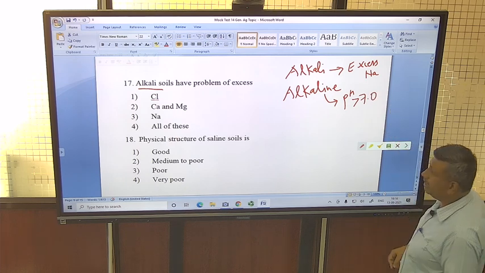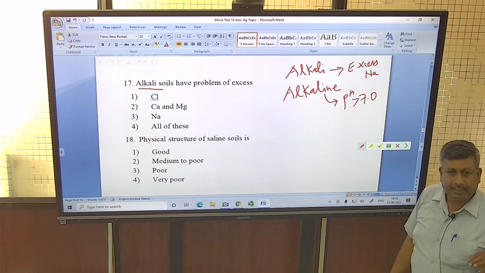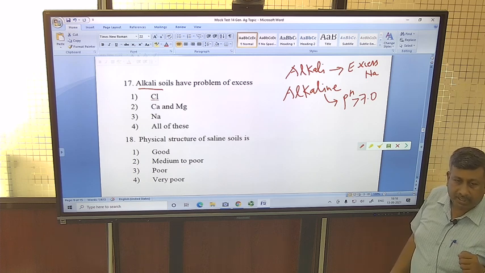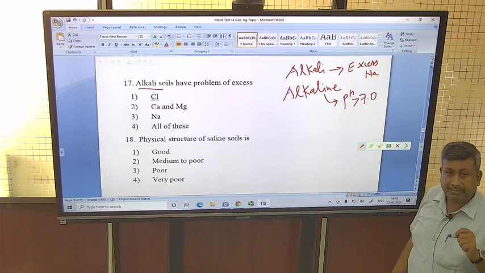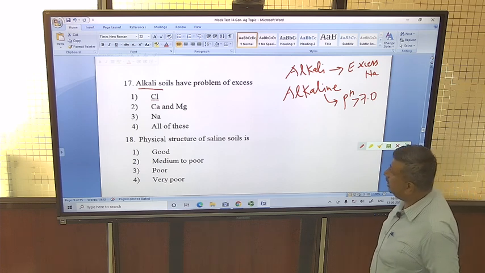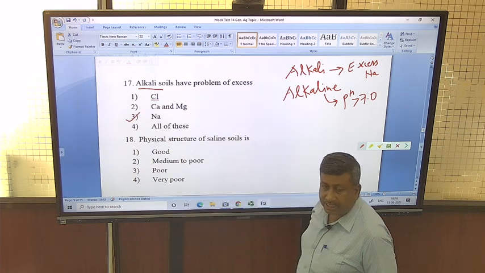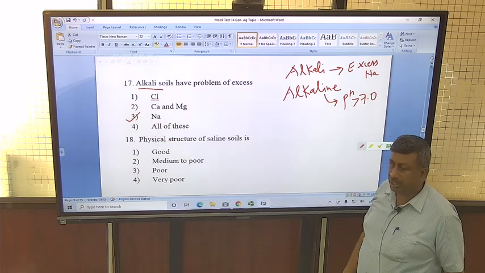So if soil is alkaline, it means its pH is more than 7. If soil is alkali, it means it has dominance of sodium. So alkali soil has a problem of sodium, while in case of saline soil, the problem is soluble salt.